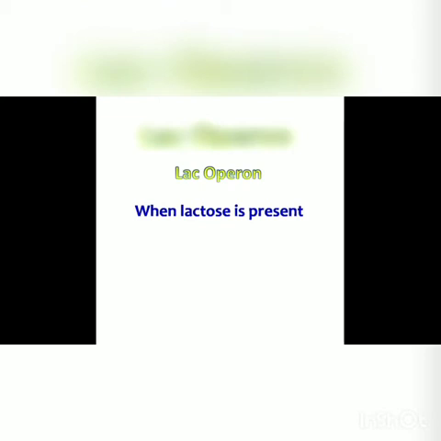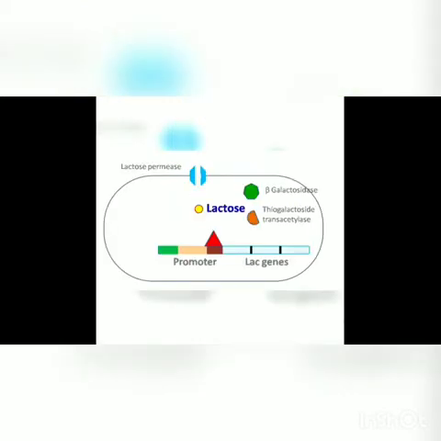When lactose is present, lactose enters into the cell by the lactose permease enzyme present in the cell. Lactose binds with the repressor and releases the repressor from the operator.